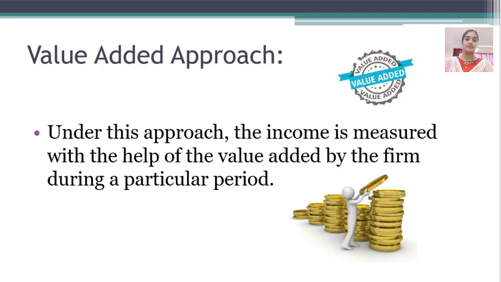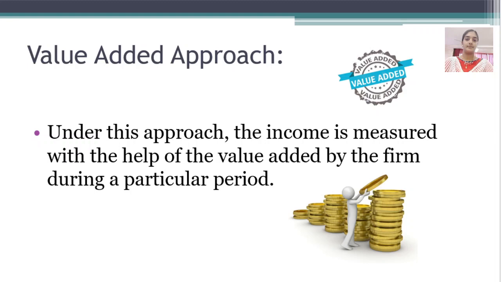Value added approach. Under this approach, the income is measured with the help of value added by the firm during a particular period. The value addition can be determined by the difference between the value of the product over the cost of raw materials.